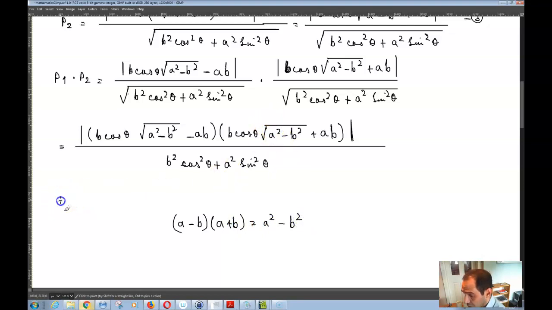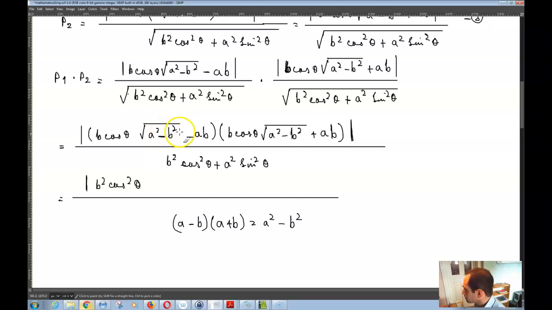So I can write this as the absolute value of a squared, which is b squared cos squared theta, and then times a squared minus b squared, raising this to the second power.